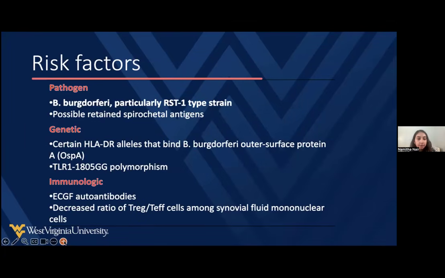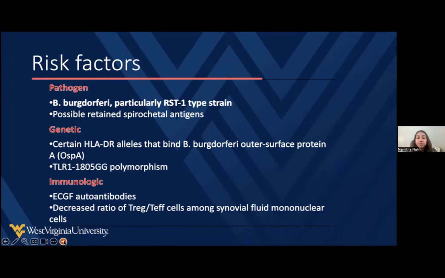Some of the risk factors are the RST1 type strain for Borrelia burgdorferi, retained spirochetal antigens, some genetic factors like the HLA-DR alleles or TLR1 185GG polymorphism, ECGF autoantibodies, and a decreased ratio of Treg to T effector cells amongst the synovial fluid mononuclear cells.